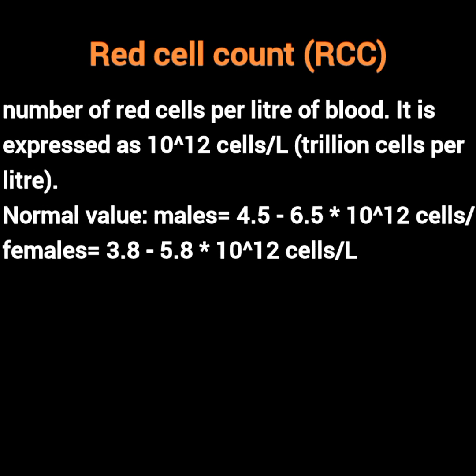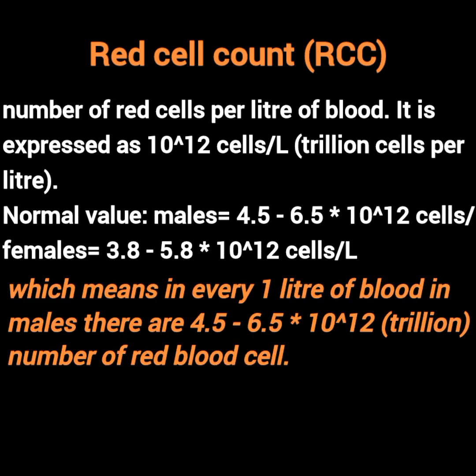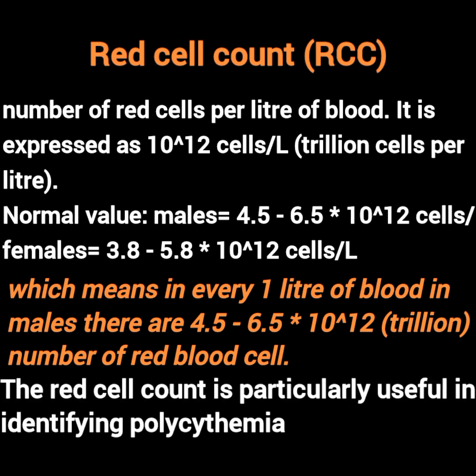The normal values in males is 4.5 to 6.5 times 10 to the power 12 cells per liter, and in females 3.8 to 5.8 times 10 to the power 12 cells per liter, which means in every 1 liter of blood in males there are 4.5 to 6.5 trillion red blood cells. The red cell count is particularly useful in identifying polycythemia.